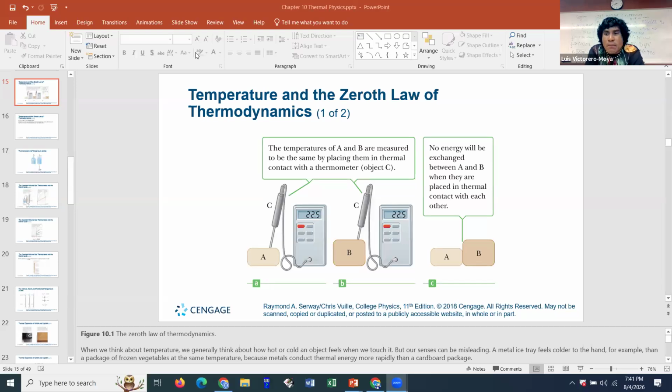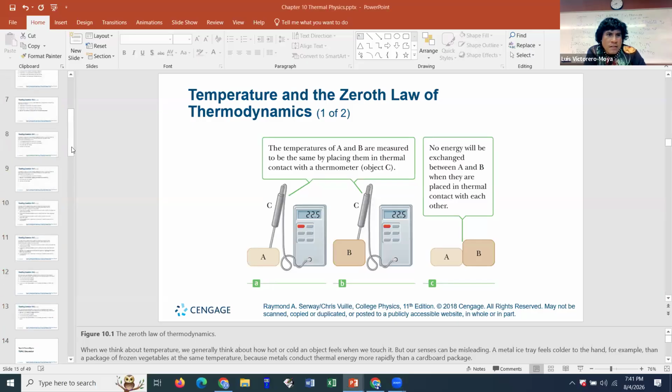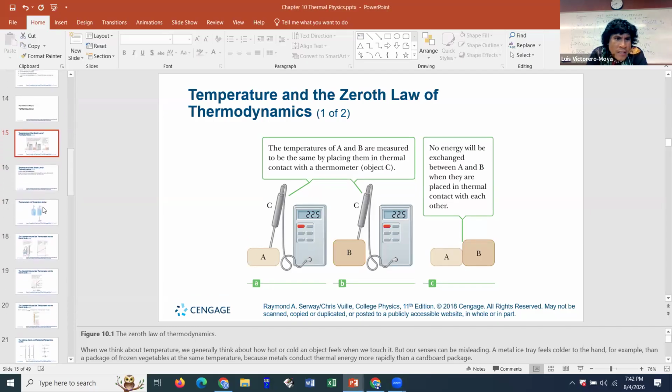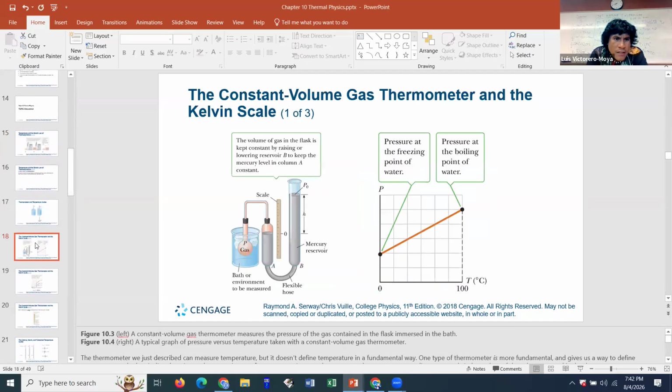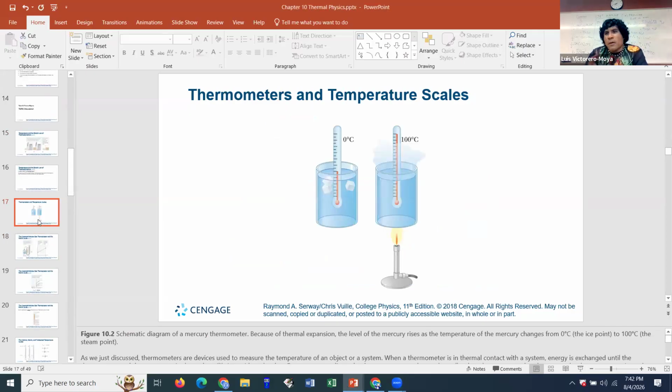Temperature is a measure of the kinetic energy of particles. You see, every solid, every object, is made of atoms.